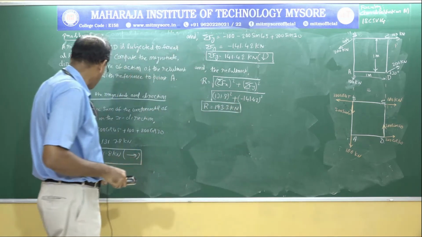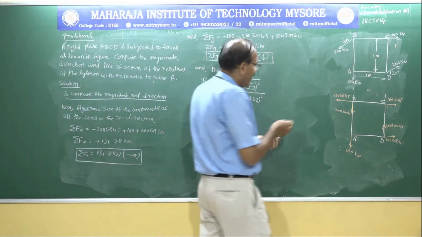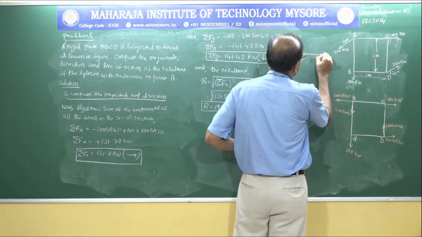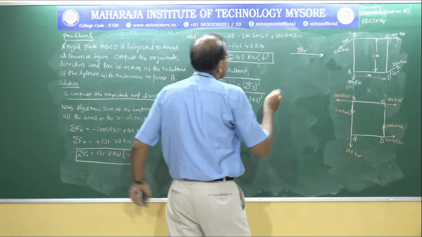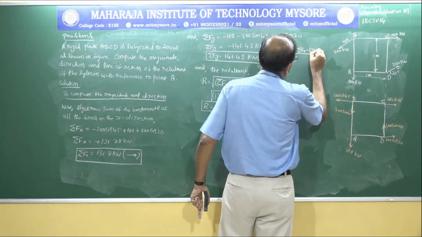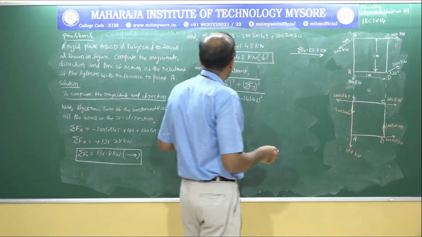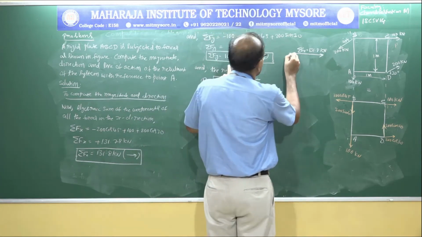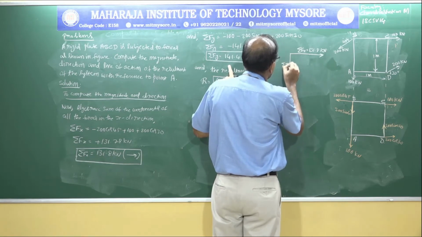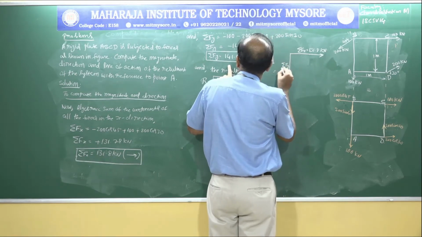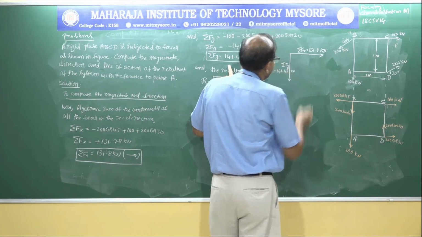So if I show this in a figure, sigma Fx acting horizontally towards right, that is equal to 131.8 kilonewton, and sigma Fy is equal to 141.42 kilonewton.